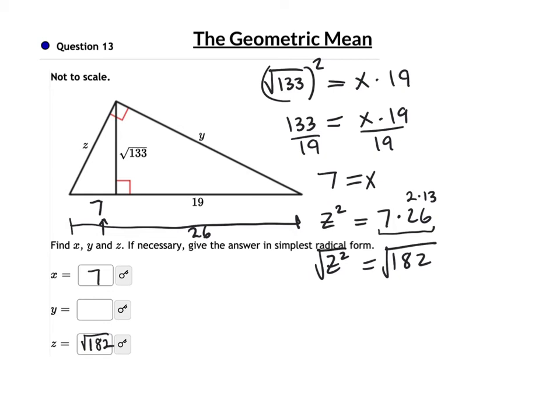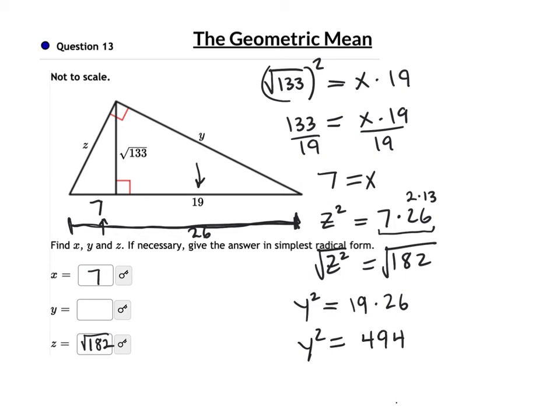And now y, the pattern was the leg squared equals the piece on its side, that's 19, times the whole hypotenuse of the big triangle, which is 7 plus 19, which was 26. 19 times 26 is 494.